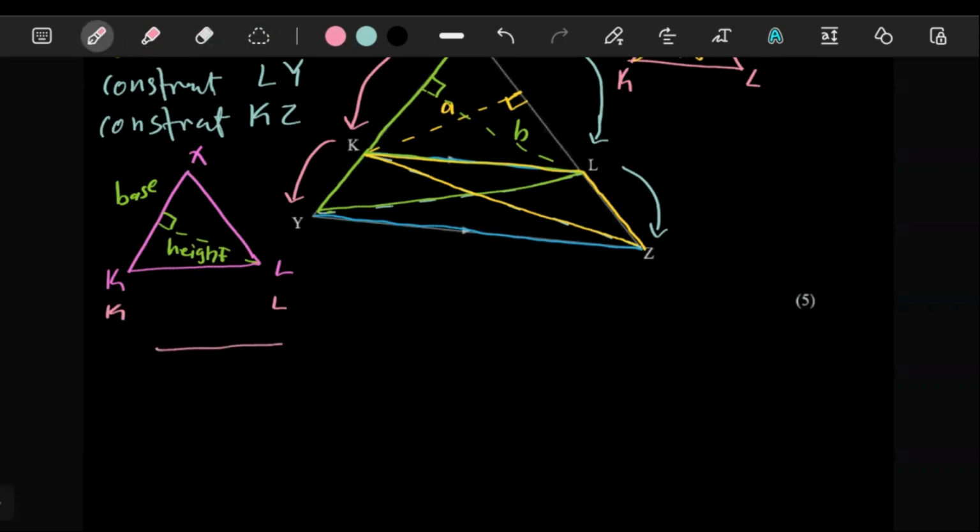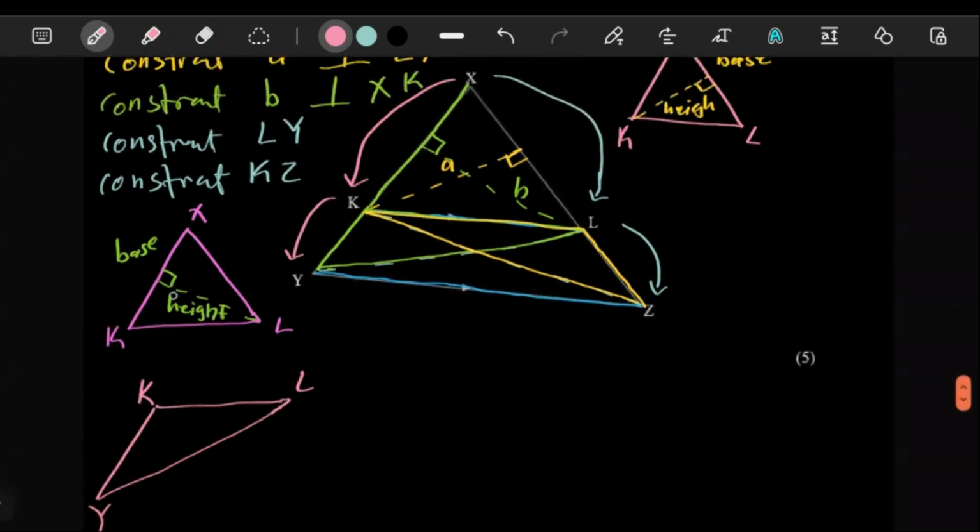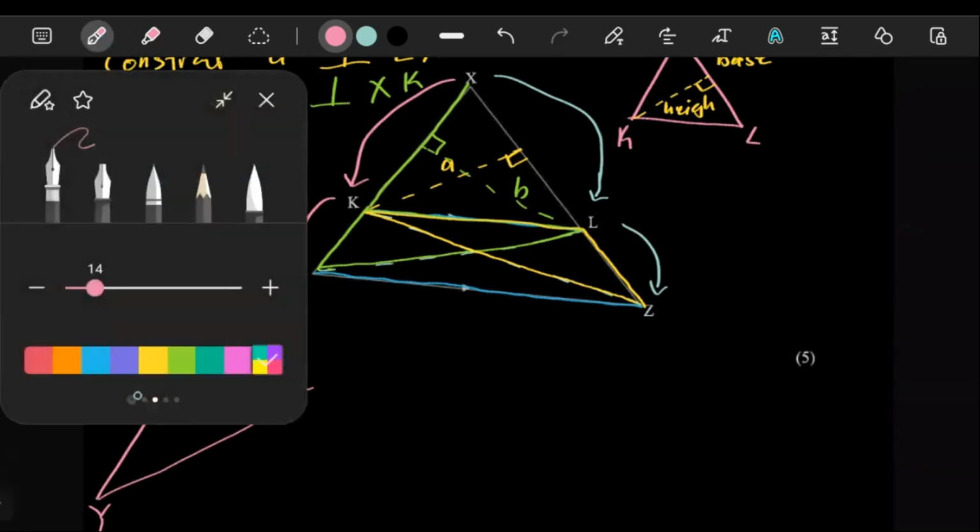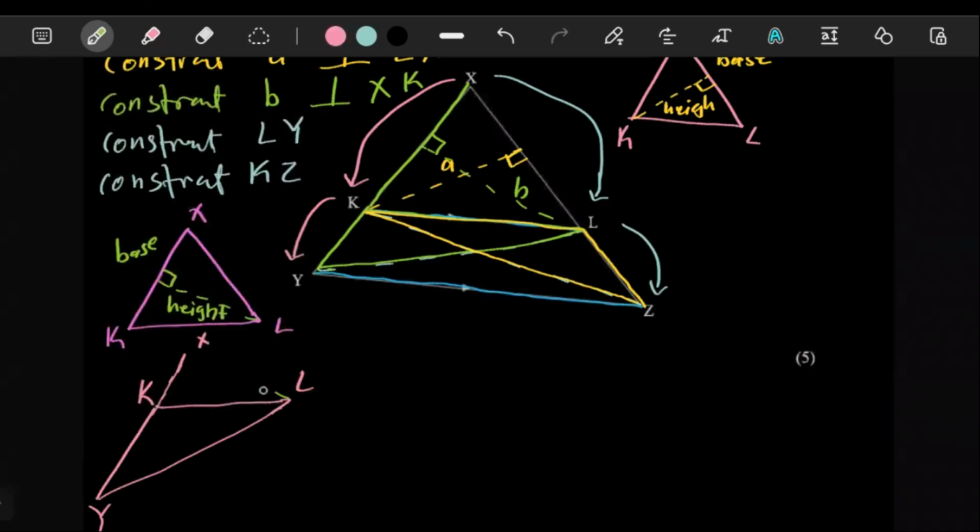You have this shape here: there is KL, and then there is the other point here. This is Y. So this line extends going up to X here. But before it reaches X, we have the perpendicular height here.